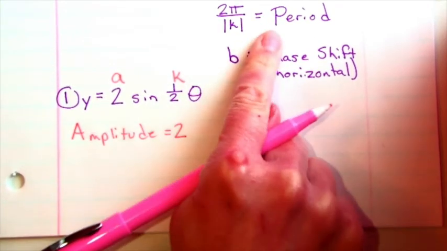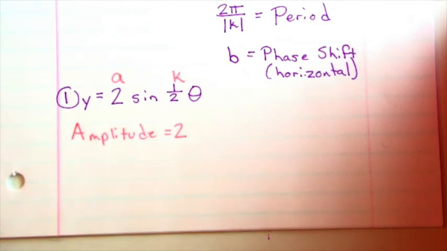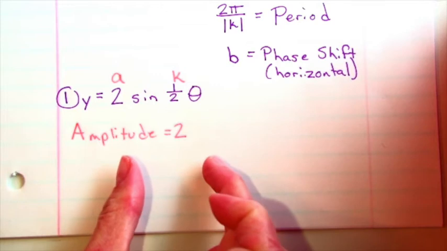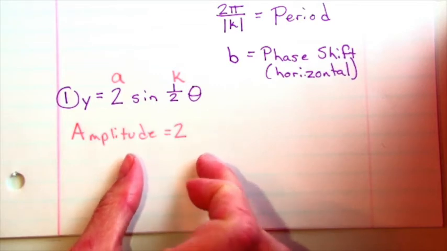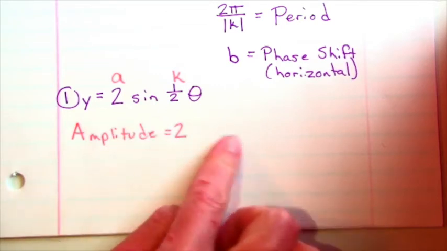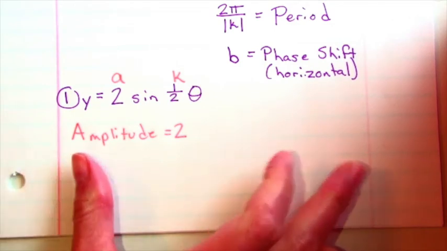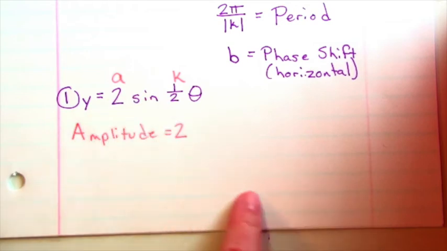And then the period this time, this 1/2 is going to change how wide that graph is. So sometimes we have that squiggle happening in a very short space and it repeats really quickly, and sometimes it's more spread out.